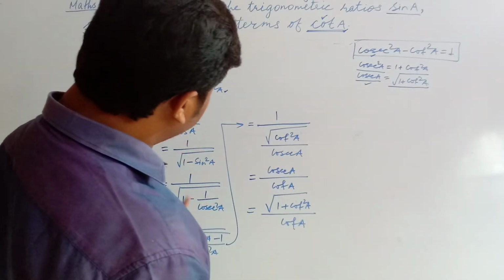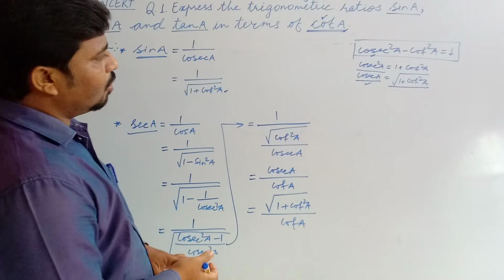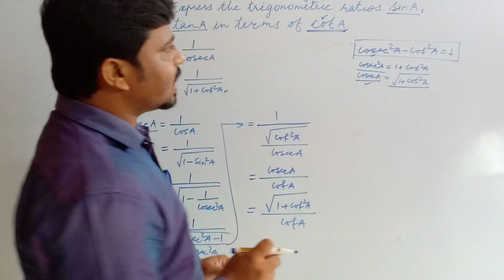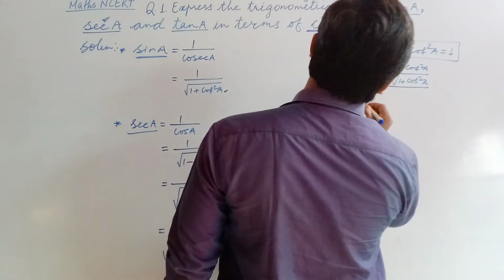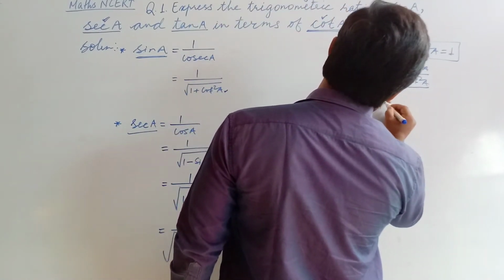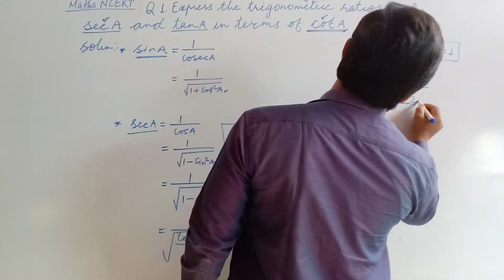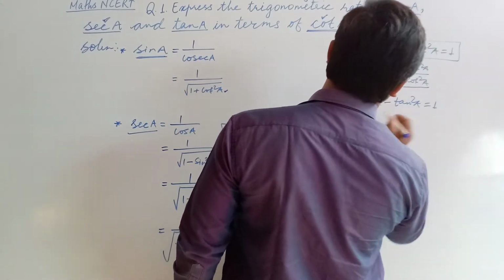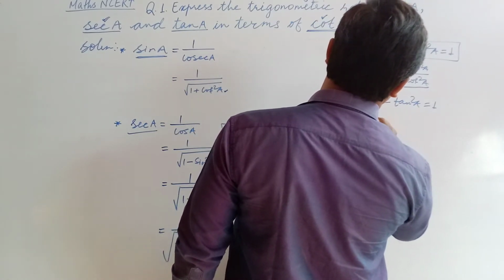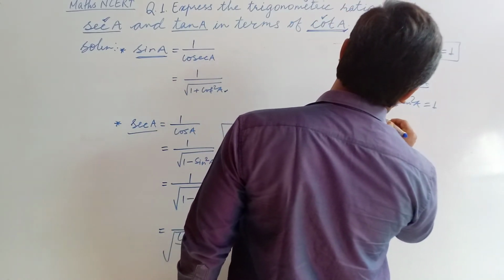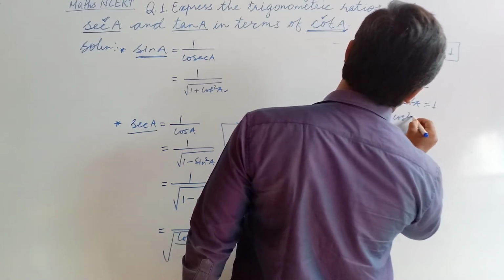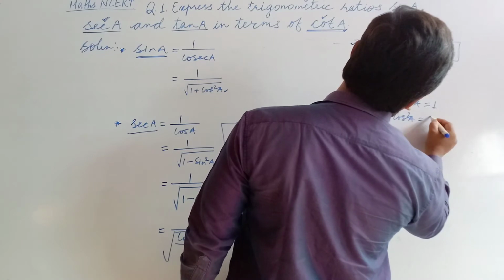So you can see, we only applied the trigonometric identities. Three identities are there. One I have already written here. Another is sec square A minus tan square A equal to 1, and one more is sin square A plus cos square A equal to 1.